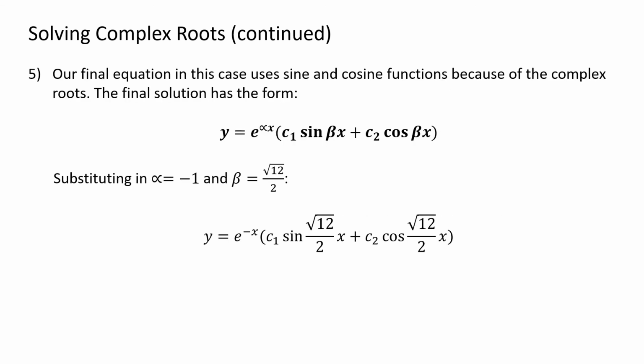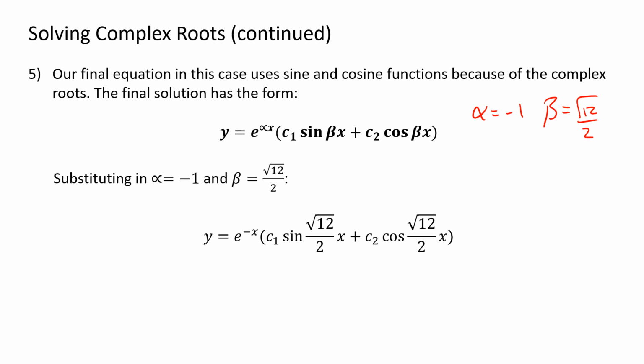Now, in our instance that we have here, our general form looks a little bit different. Because we have complex numbers, we add a sine and a cosine piece. So we use those values. Remember, we have alpha is -1 and beta is root 12 divided by 2.